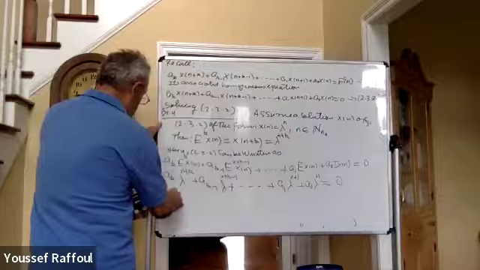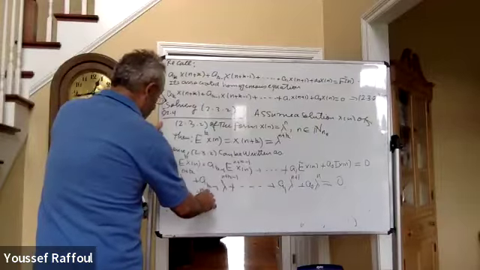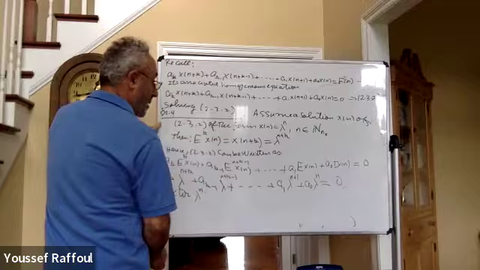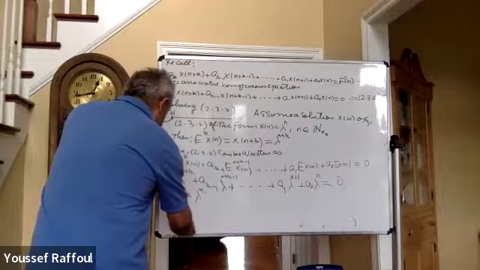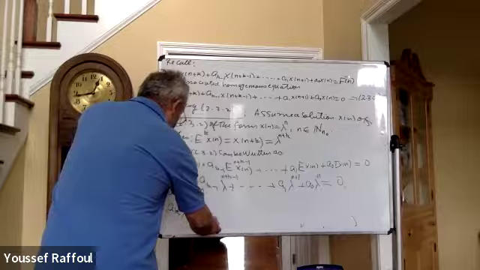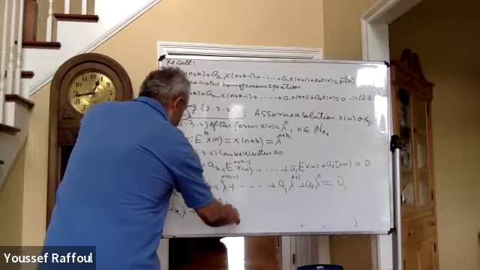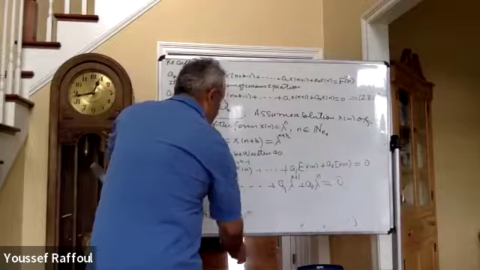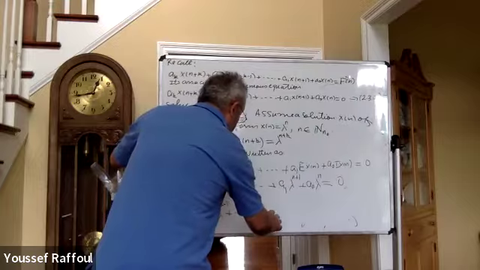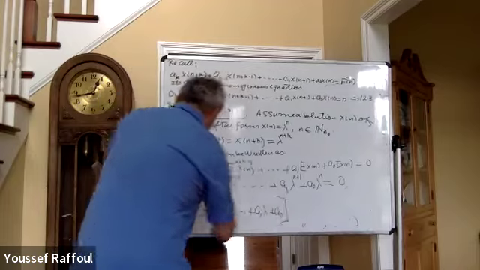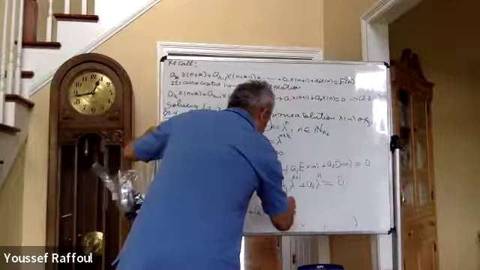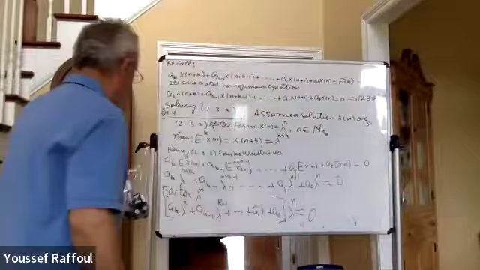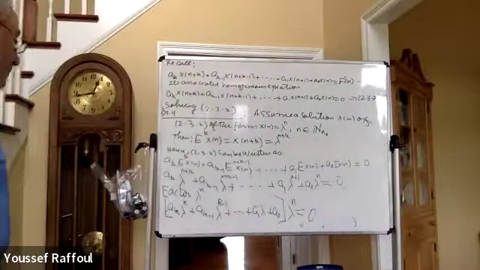Now we're going to factor out lambda to the n. So this equation becomes ak lambda to the k plus a(k minus 1) lambda to the k minus 1 plus, up to a1 lambda plus a0, times lambda to the n, and that is equal to 0.